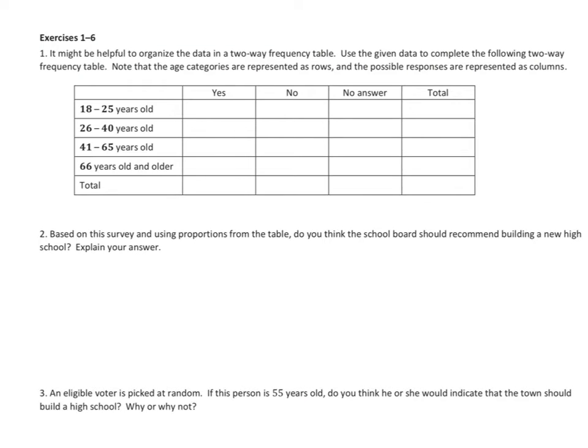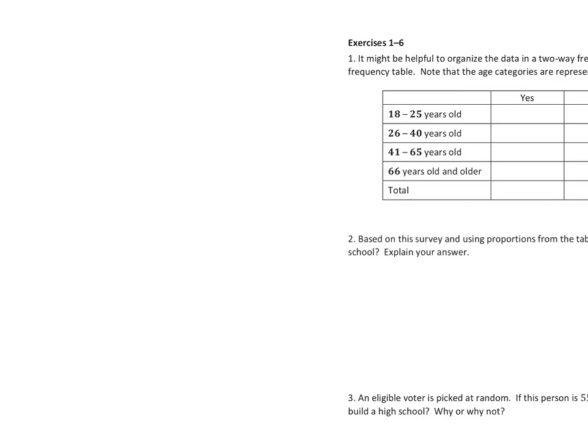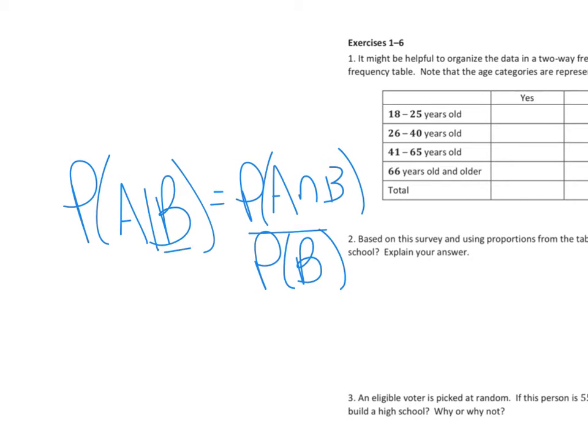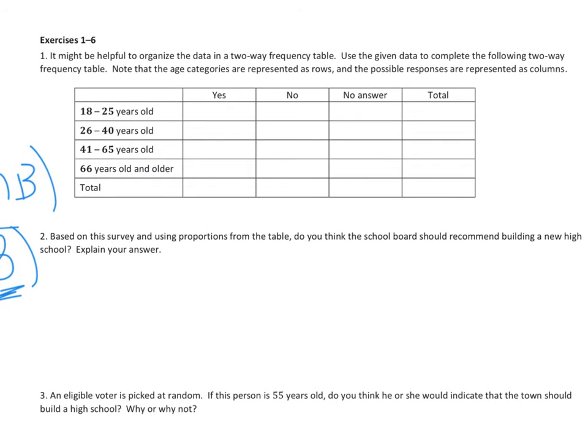So what I wanted to go over was conditional probabilities with two-way tables. We learned in the previous lesson how to use the formula for conditional probability. If you remember, the previous lesson went over this formula: probability of A given B equals the probability of A and B all over the probability of B. But it actually is much easier to find the conditional probability using a two-way table because all the data is organized for you and you're able to really read the data and see how to evaluate the probability.